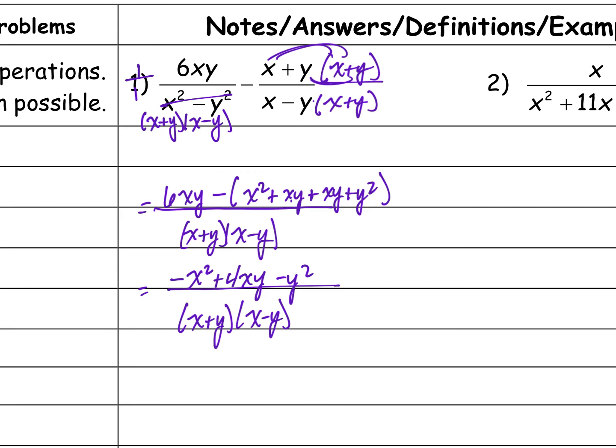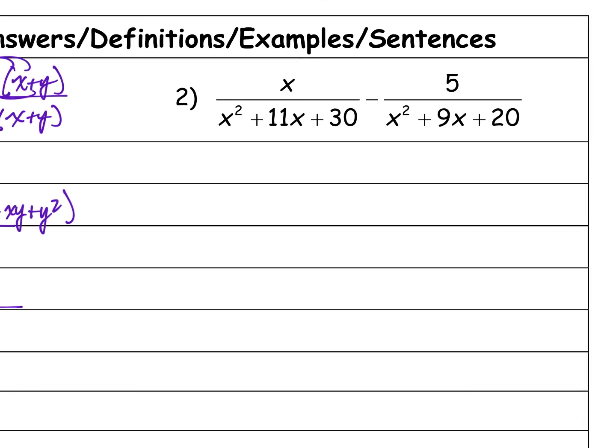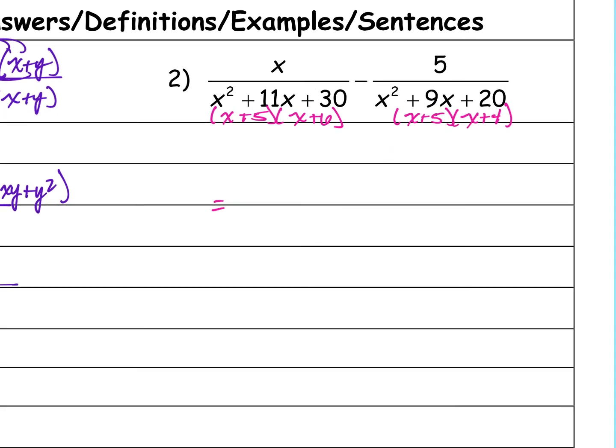So on the second one, we're going to factor both of them. Great. So this factors to x plus 5 times x plus 6. And this one factors to x plus 5 times x plus 4. So what's my common denominator? Well, I need everything in the first one, so I need x plus 5 times x plus 6.